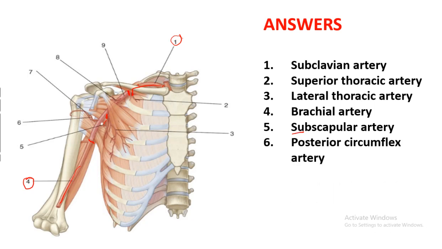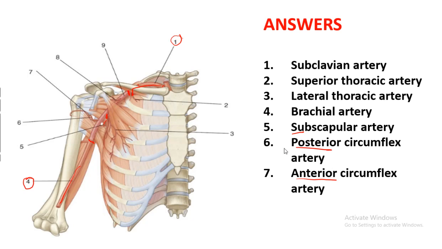Let's quickly look at 6. 6 is just the posterior circumflex artery. It is also coming from the axillary region. The next one is the anterior, so you have the posterior and also the anterior circumflex artery.